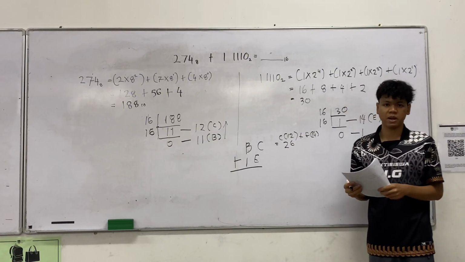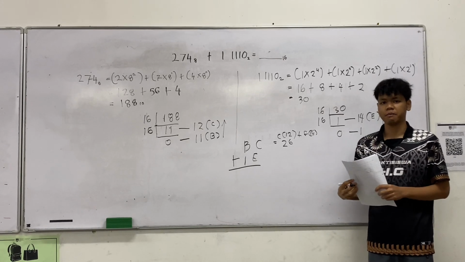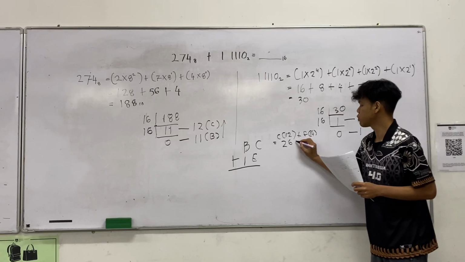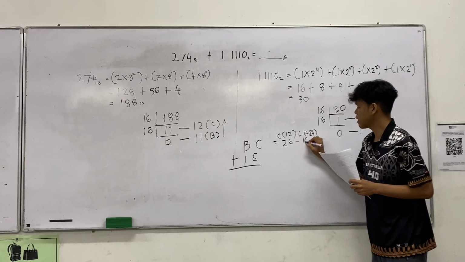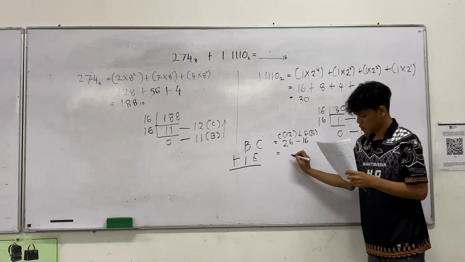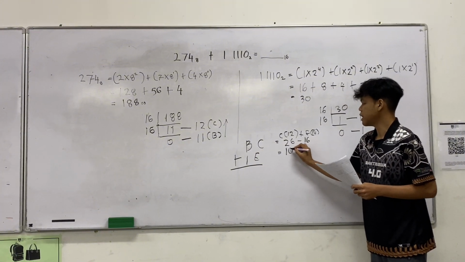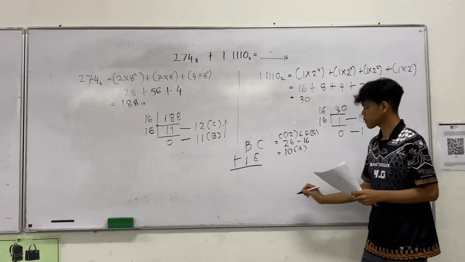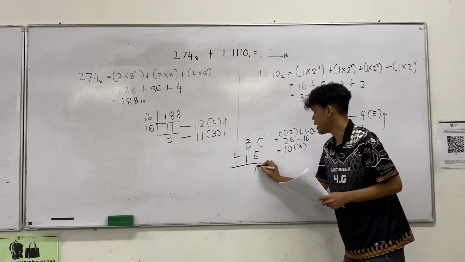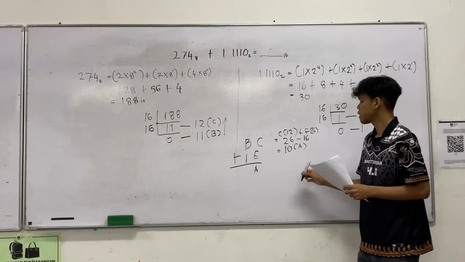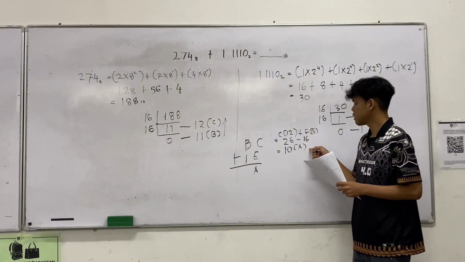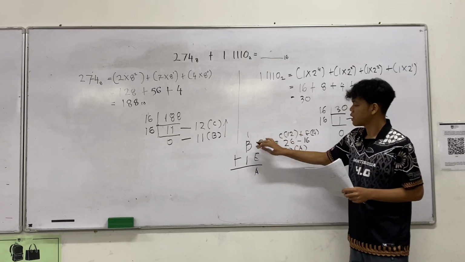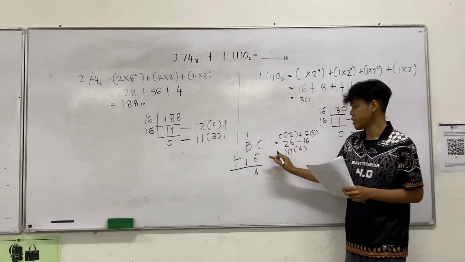In hexadecimal, the maximum of the number is 16. So how we are going to do this is we subtract 16. So we will get 10, which is A. So we put A as the answer, and after this we want to carry 1 to the next column.